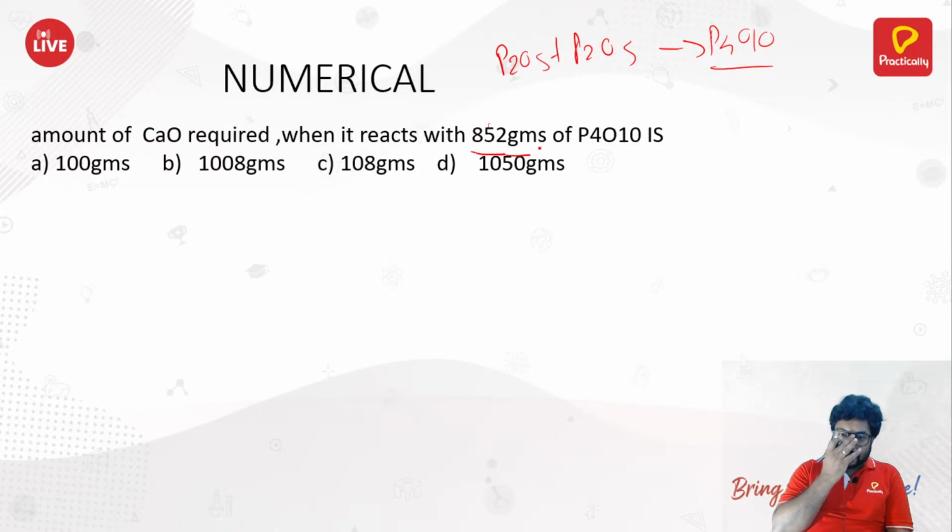Now to understand this, firstly we need to write down the balanced reaction. Now remember, the valency of calcium is +2. And P4O10 always gives rise to PO4 3 minus. The valency of PO4 is 3. It's a phosphate. So basically, calcium oxide reacts with P4O10 to give you calcium phosphate.